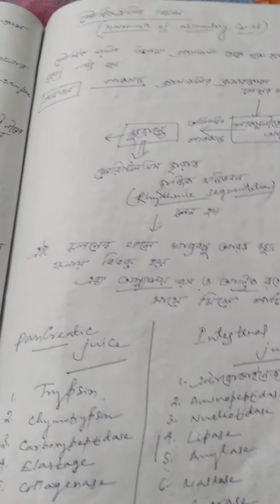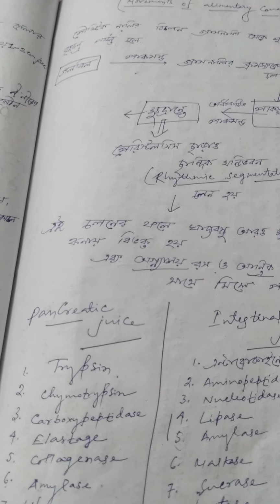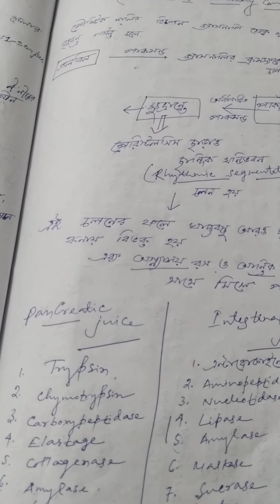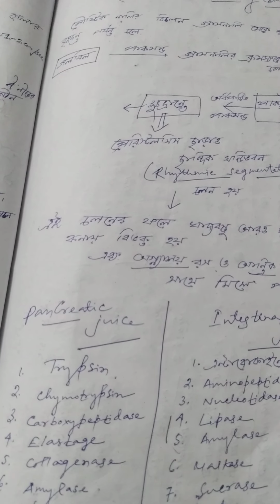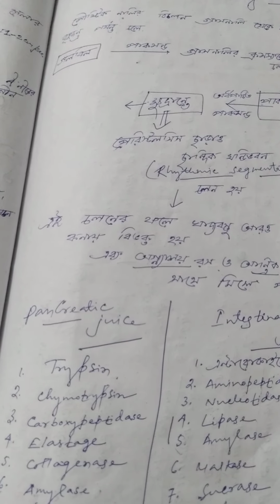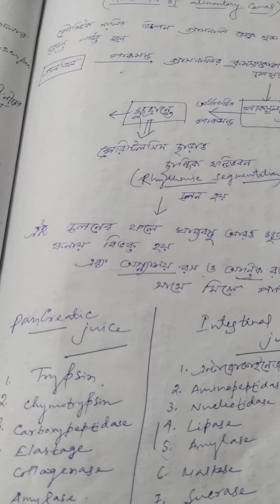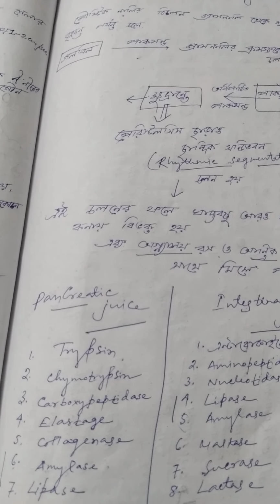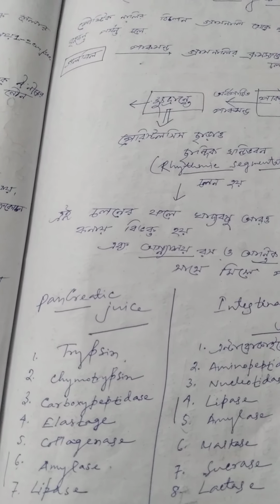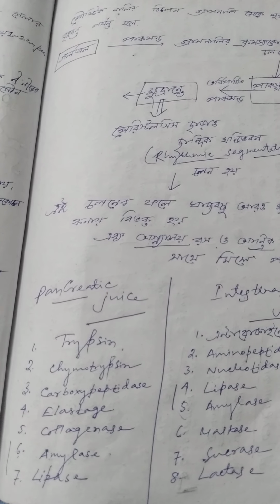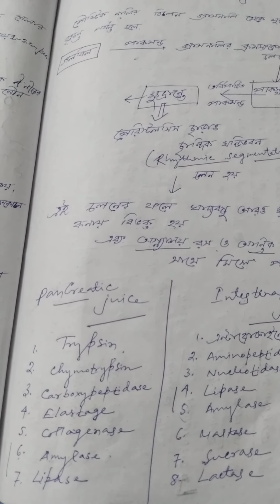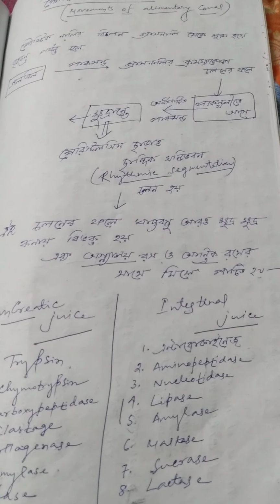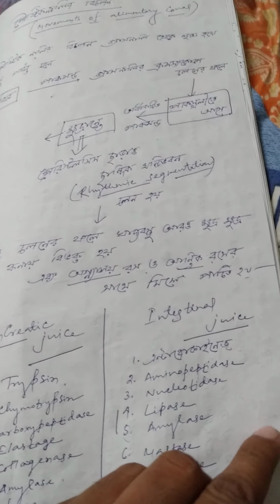Pancreatic juice basically contains different types of proteolytic enzymes, that is trypsin, chymotrypsin, and carboxypeptidase, which are the majority of the proteolytic enzymes present in pancreatic juice, except amylase and lipase. Pancreatic amylase is involved in the breakdown of starch, and pancreatic lipase is involved in fat digestion. So this is the process.